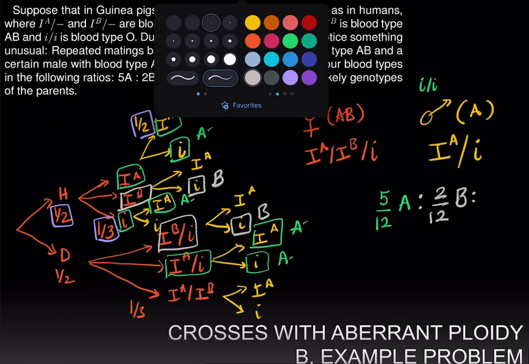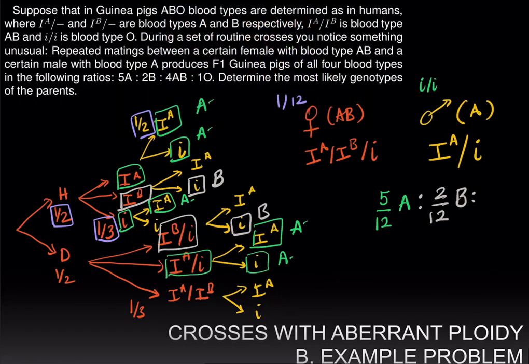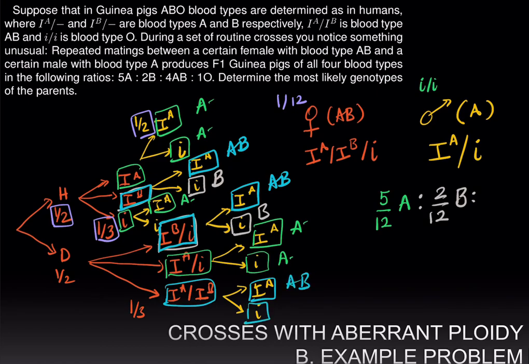Then we can go and look for blood type AB, which you would have IBIA, that's blood type AB. Then you have IBiIA, that's blood type AB. And all of these are going to be blood type AB because they have both an A allele and a B allele, and that means you will have 4/12 that are blood type AB.